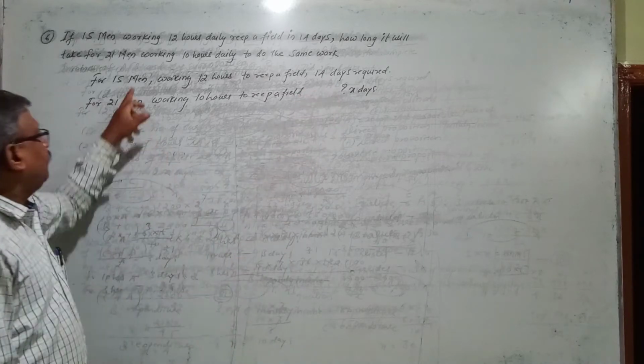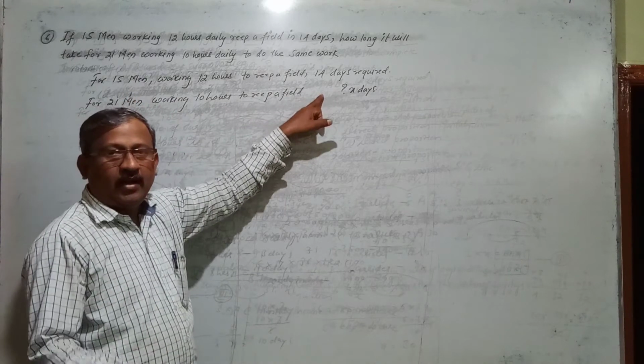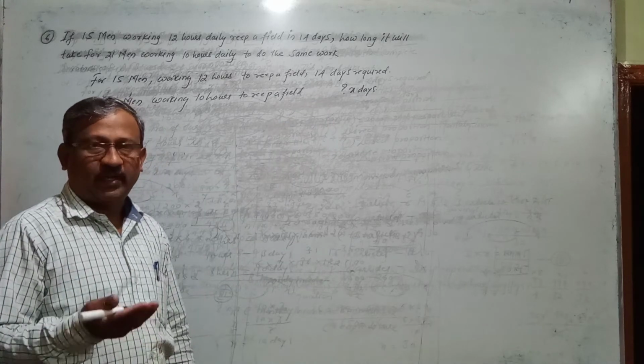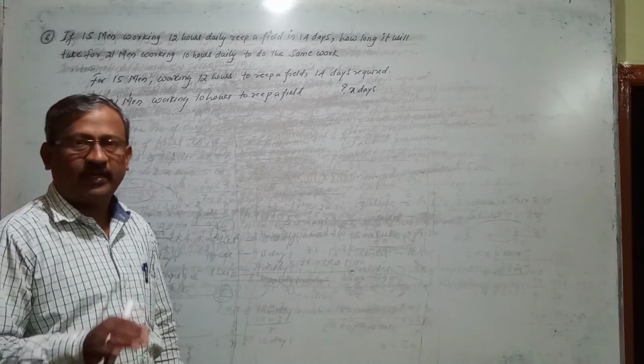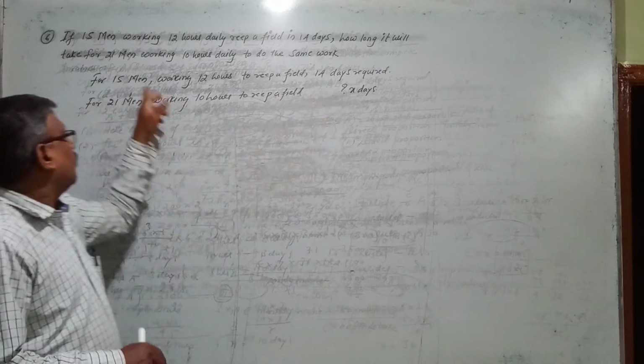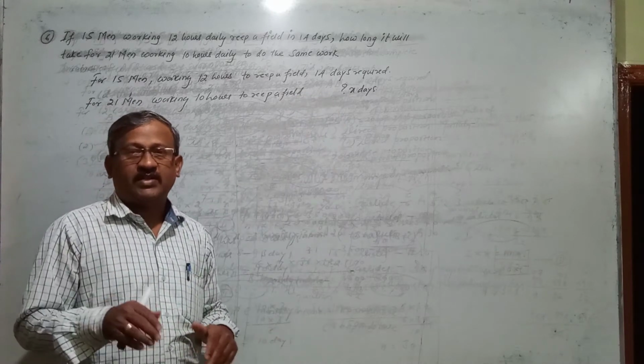If we employ more men to do that work, definitely fewer days are required. So as the number of men increases, the number of days required decreases. So one is increasing, another one is decreasing.